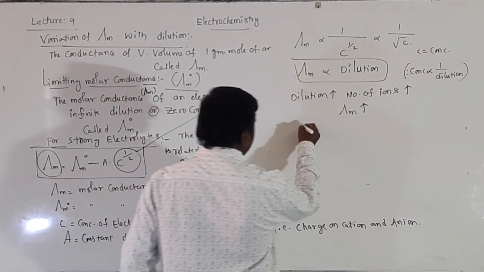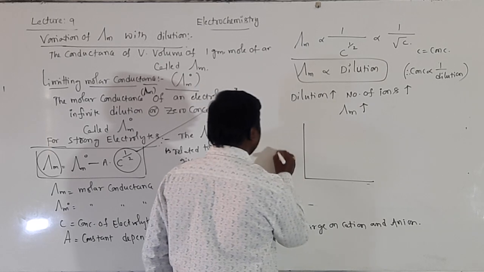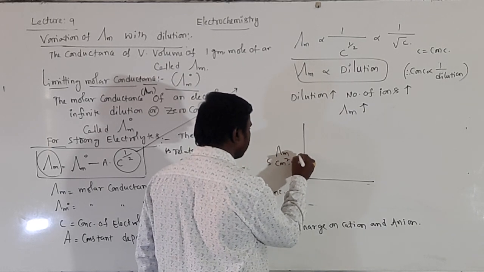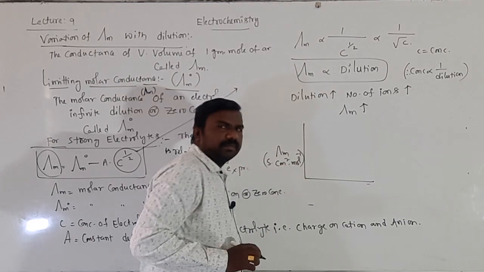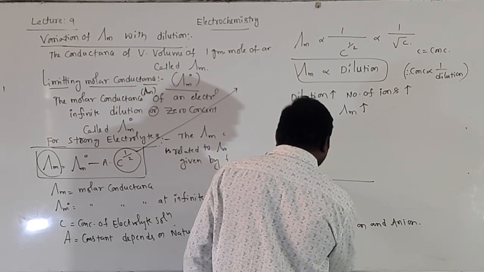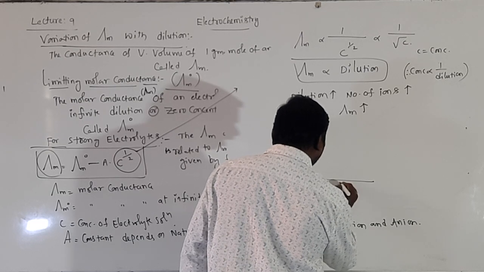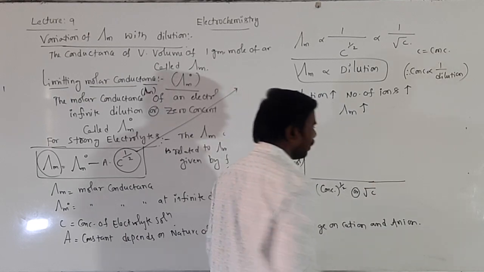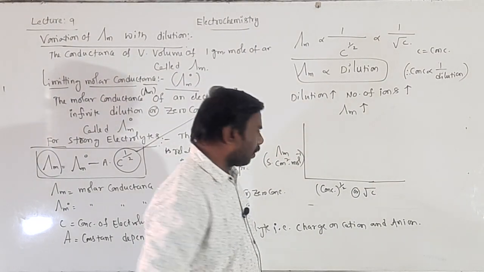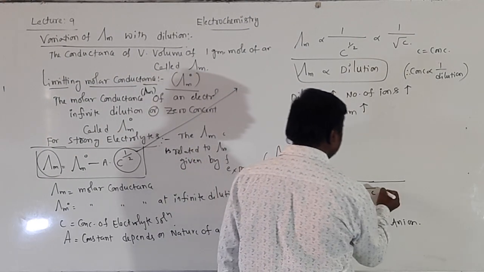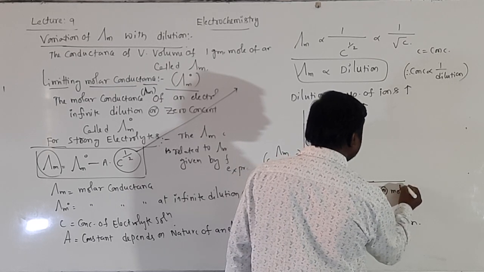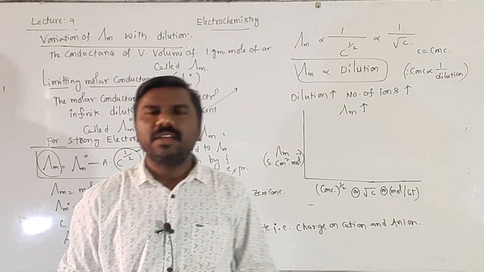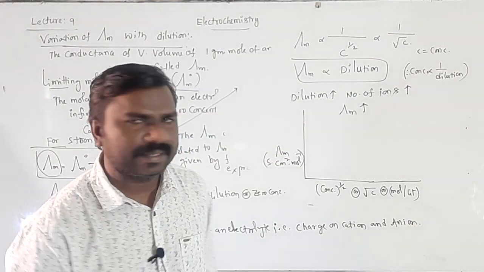Graphical representation: lambda m in Siemens centimeter square mole inverse units, and concentration power half, also taken as root C. Root C means concentration, nothing but mole per liter, it is very, very important. Concentration is taken as moles per liter because it is a molar conductance.